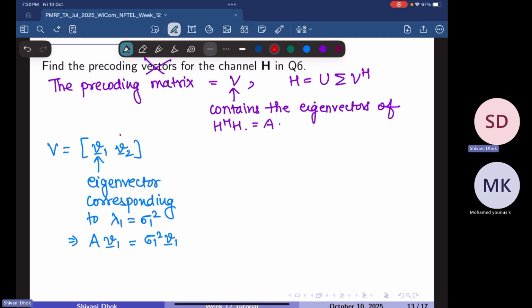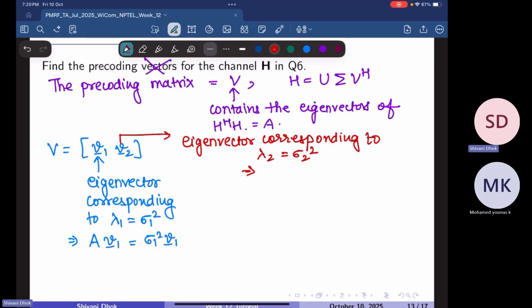Similarly, this eigenvector V2 is the eigenvector corresponding to lambda 2 equal to sigma 2 square, which means that your A V2 is equal to sigma 2 square V2.